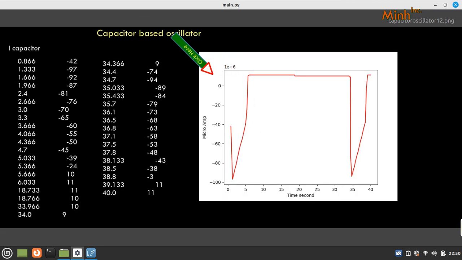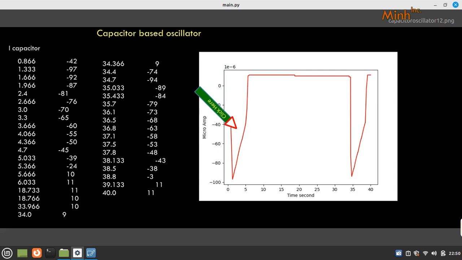Now the current across the capacitor. So the capacitor current drops. From here we can see the capacitor current. There is a negative current in the capacitor, minus 40, then it goes up to minus 90, then comes up to minus 40 and then 0. Okay. So negative current shows that the capacitor is in discharging mode.